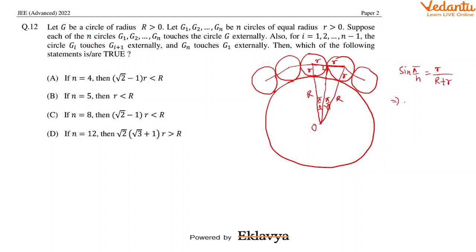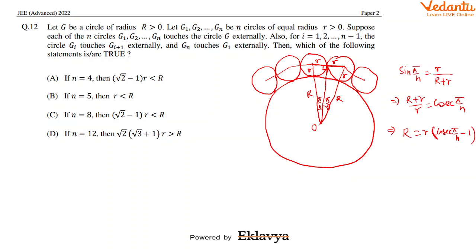So R plus r by r can be written as cosec pi by n. So R is equal to r times cosec pi by n minus 1.